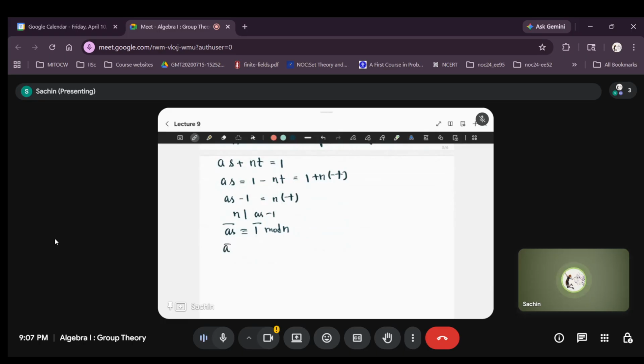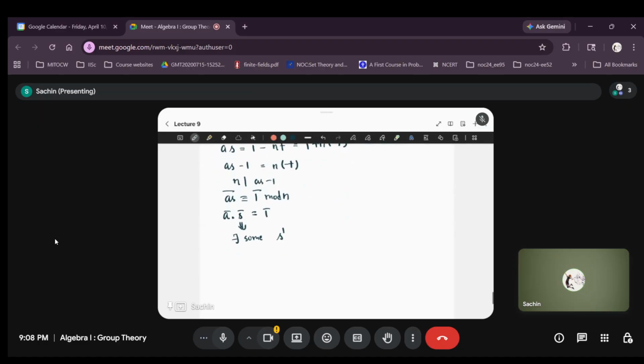But by definition of multiplication of equivalence classes, you can split as into the equivalence class of a times the equivalence class of s. Then there exists some s bar that is greater than 1 and less than n.